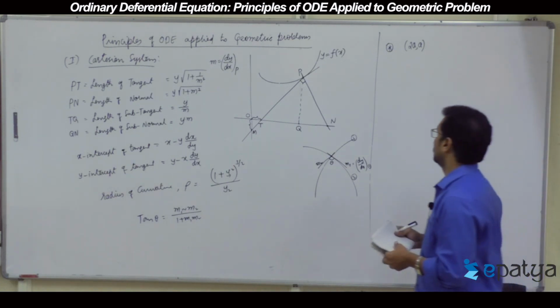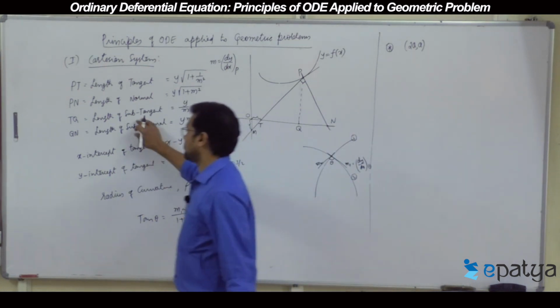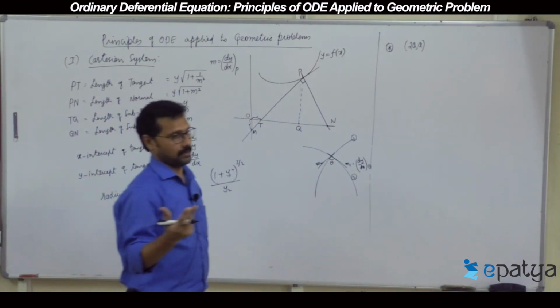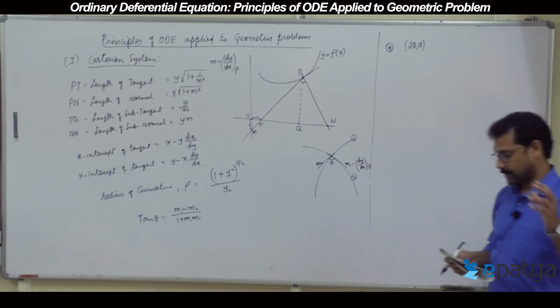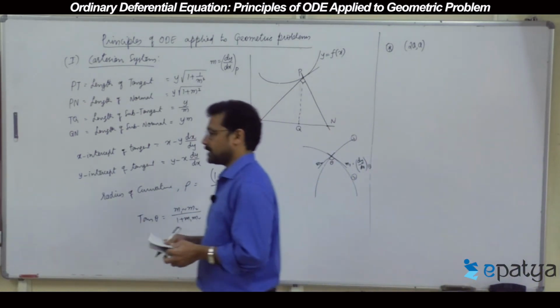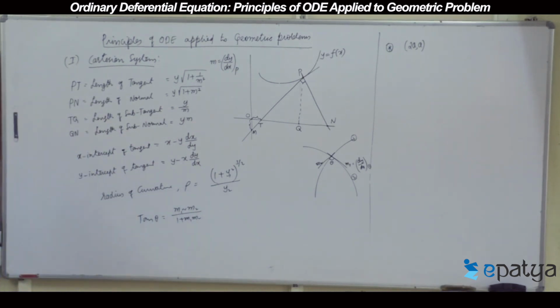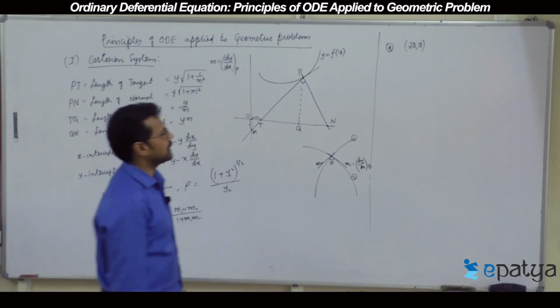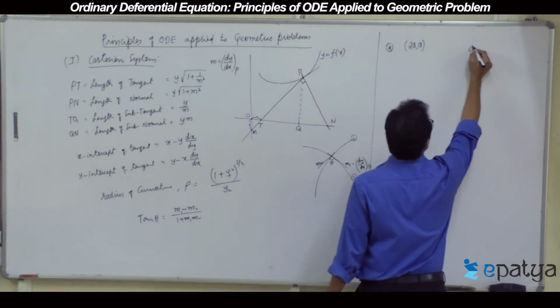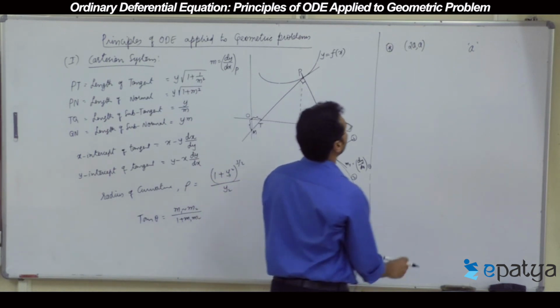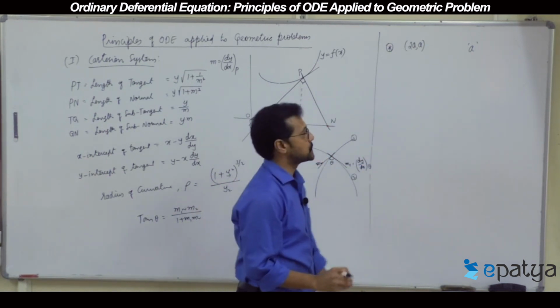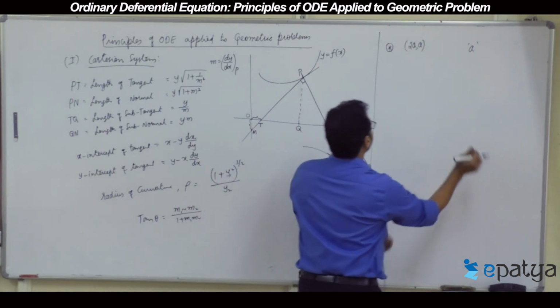Okay. Right now, the sum of the Cartesian subtangent and abscissa at the point is equal to a constant a. Okay. So what has it given?